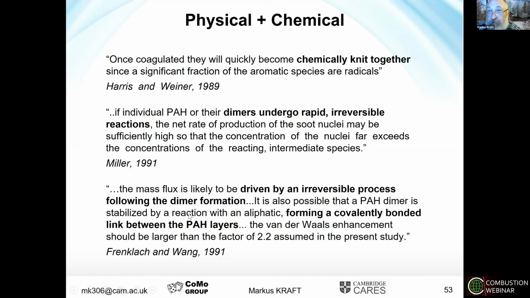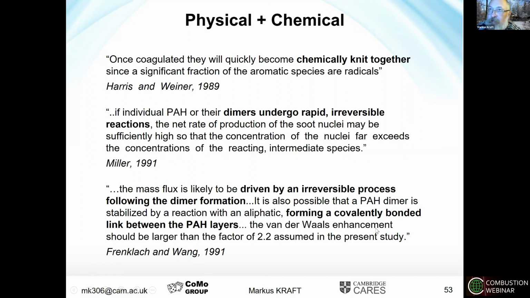Miller commented on it, and in the very highly cited, influential paper by Frenklach and Wang, they say that the mass flux is likely to be driven by an irreversible process following the dimer formation and forming covalently bonded links between PAH layers, and having also van der Waals enhancement present.